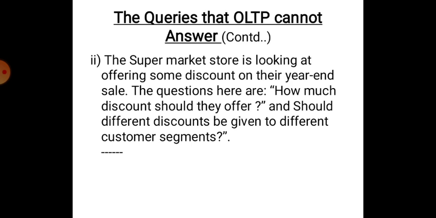The questions here are: how much discount should they offer, and should different discounts be given to different customer segments? So should the discount be variable depending upon the customer segment.